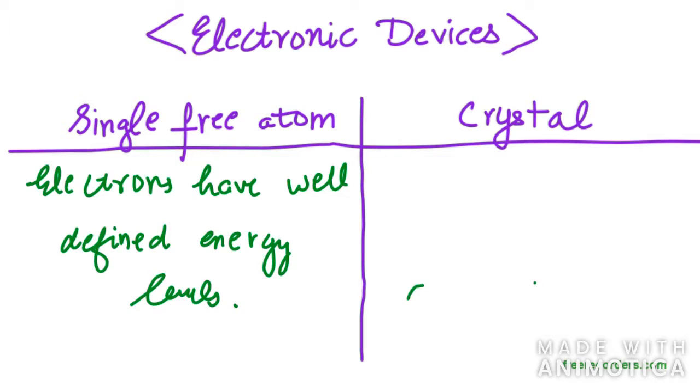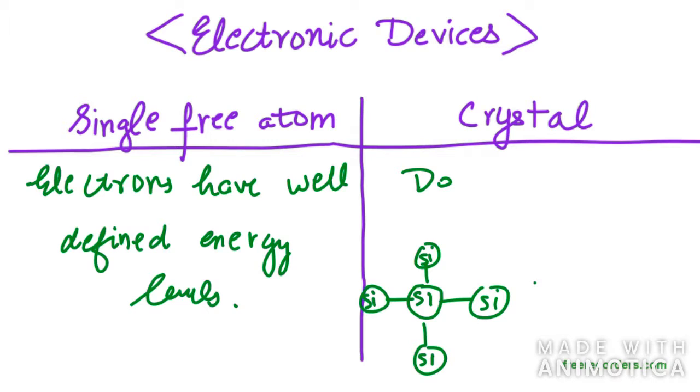Likewise, silicon is a crystal. So we have a silicon here, silicon here, silicon here. Therefore you can see that a single atom is surrounded by neighboring atoms of the same element, so they don't have well-defined energy.